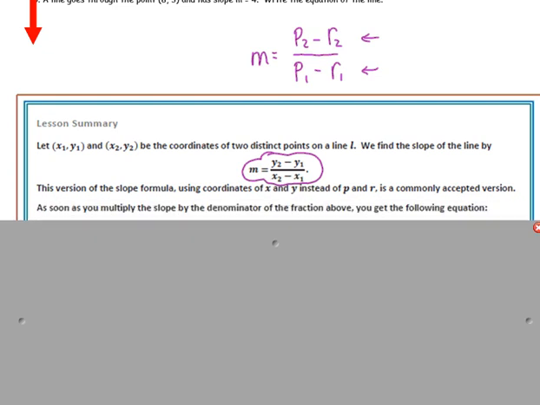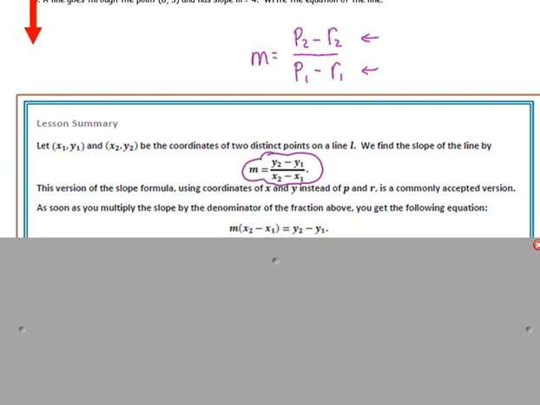As soon as you multiply the slope by the denominator of the fraction above, you get the following equation. M times the quantity x sub 2 minus x sub 1 is equal to y sub 2 minus y sub 1.